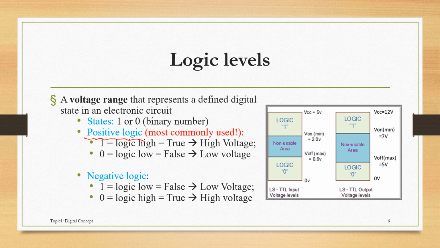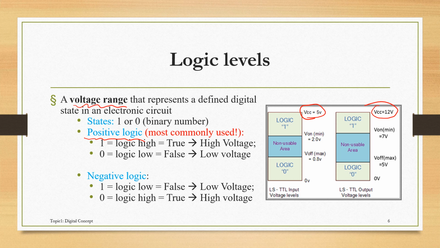Okay, to help you understand the idea of voltage range, let's look at an example here. I have two different digital systems using different power supplies. The first system uses 5 volts, and logic 0 is defined as any voltage between 0 and 0.8 volt.